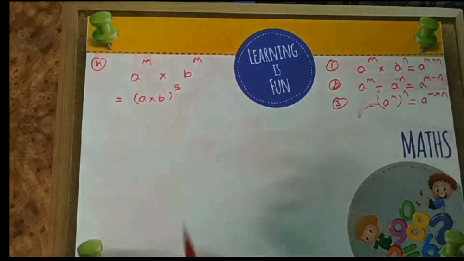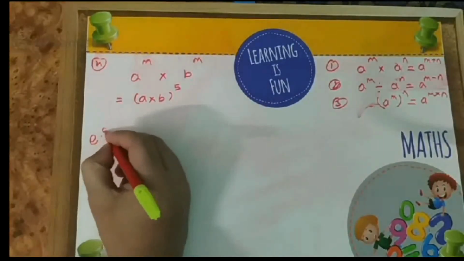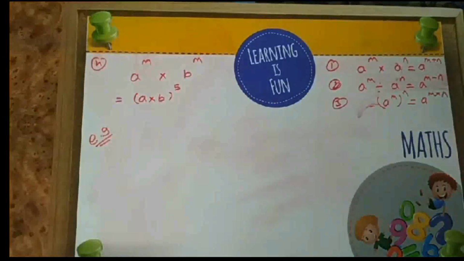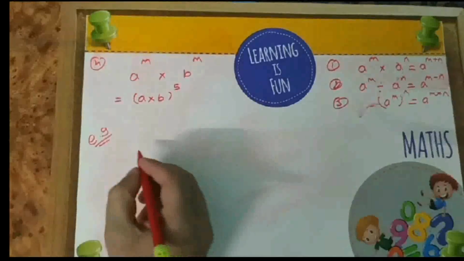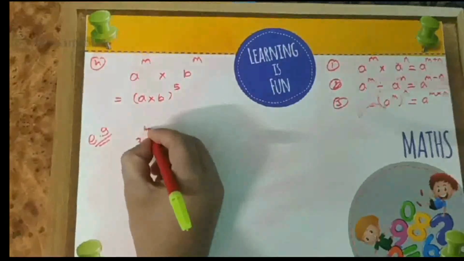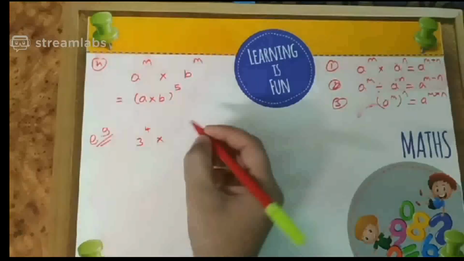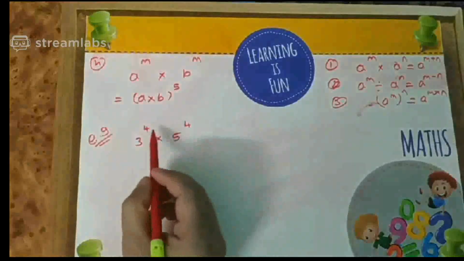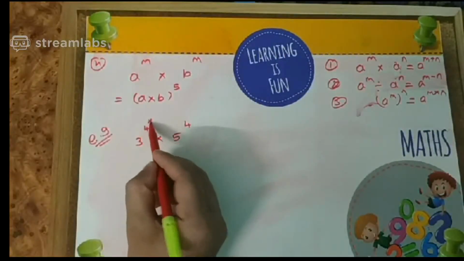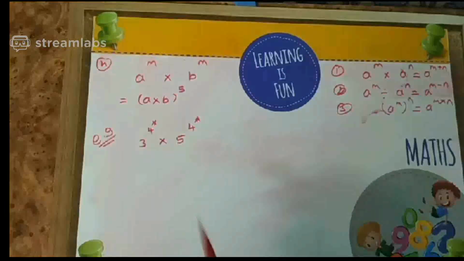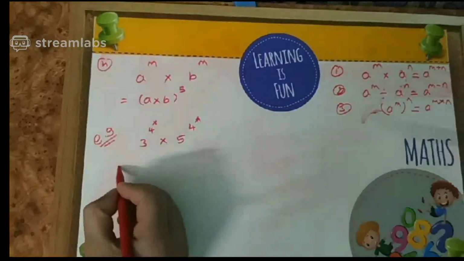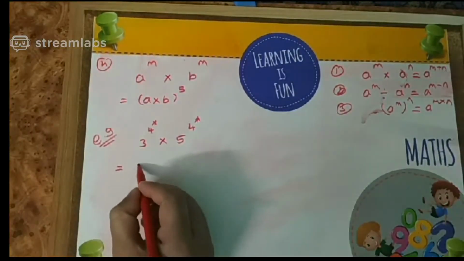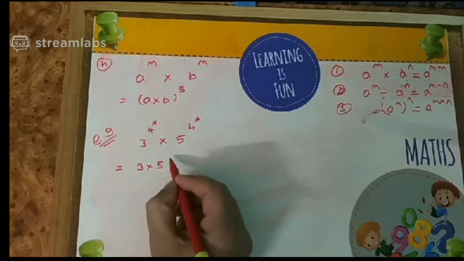So let's understand this law with one example. Let's evaluate 3 power 4 times 5 power 4. You can see here the base is different and the power is the same. So the bases get multiplied, 3 multiplied by 5, and the power remains the same.